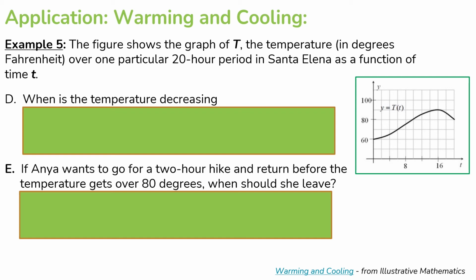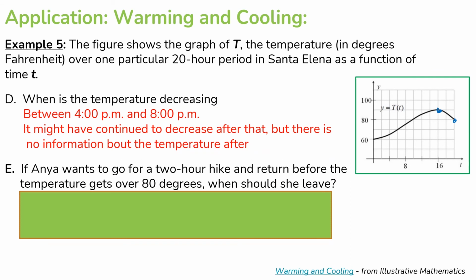And so from this point here, right here to here, it is decreasing. And so that would be between 4 and 8 p.m. And so recall before that if this is noon and this would be 4 a.m., 8 a.m., 12, and then right here this would be 2 o'clock.